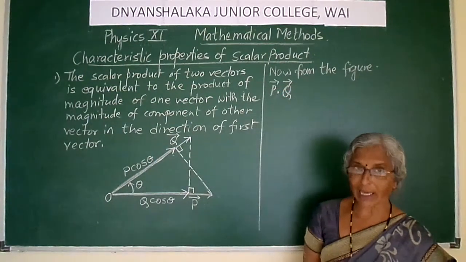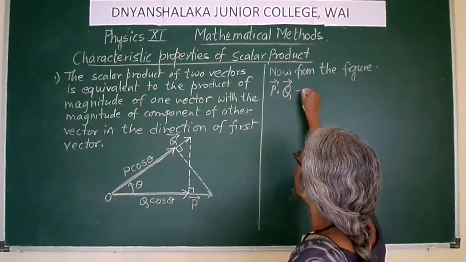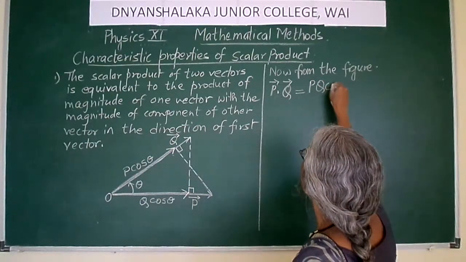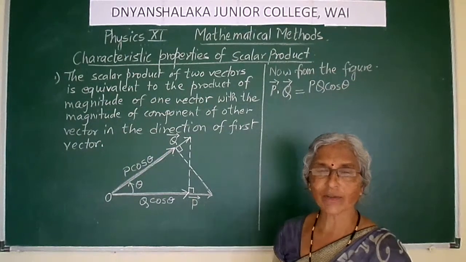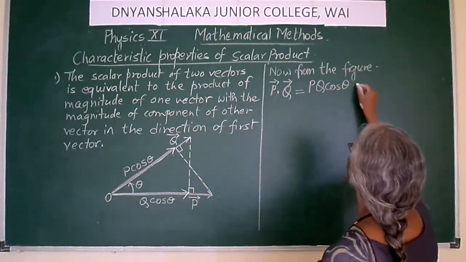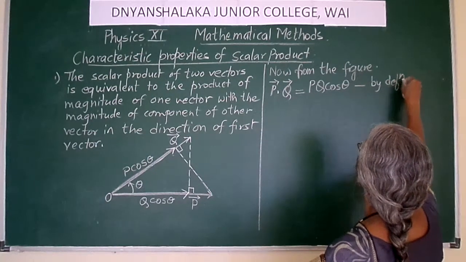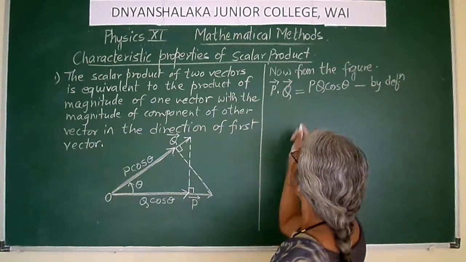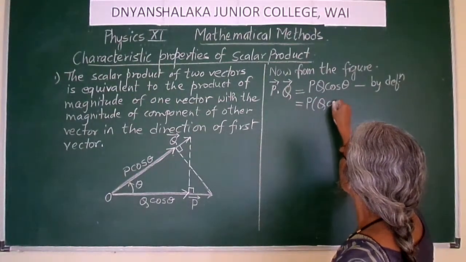I am taking the scalar product of the two vectors. I know this is equal to PQ cos theta. This is the definition of scalar product of two vectors. We have already defined the scalar product of two vectors. So this is equal to P into Q cos theta.